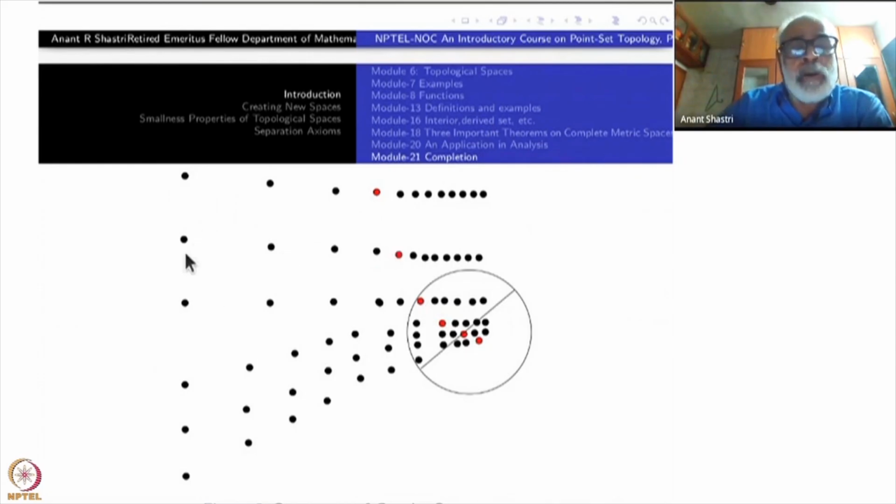So these are all the sequences a_1, a_2, a_n. What is claimed is that this sequence is a cluster point of all of these. Some epsilon ball here. Actually, this is an epsilon by 2 ball, so this radius is epsilon.